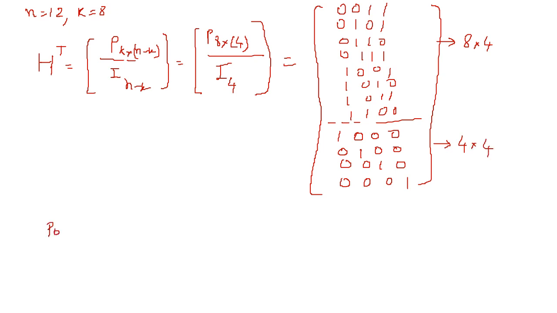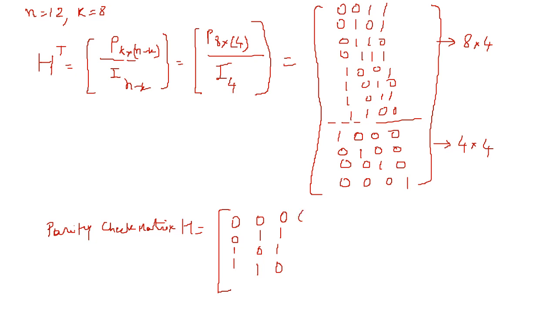So we can write the parity check matrix, which is H, is nothing but the transpose of this H transpose matrix. So we can write it as 0 0 1 1 0 1 0 1, 0 1 1 0 0 1 1 1, 1 0 0 1 1 0 1 0, 1 0 1 1 1 1 0 0.